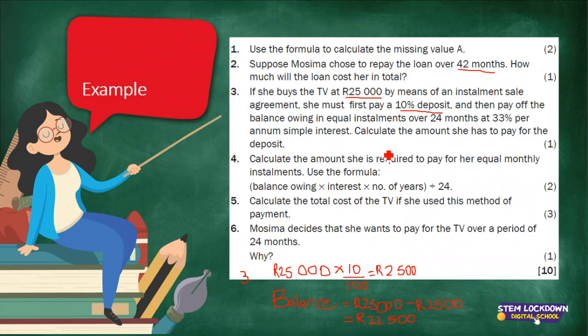And the question says, calculate the amount she has to pay for deposits. Voila, our answer is actually easy and straightforward. You can see that we've already calculated. It must be 2,500. 10% of 25,000 is 2,500.